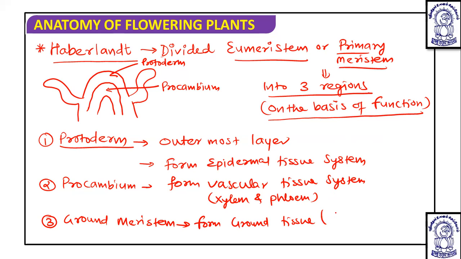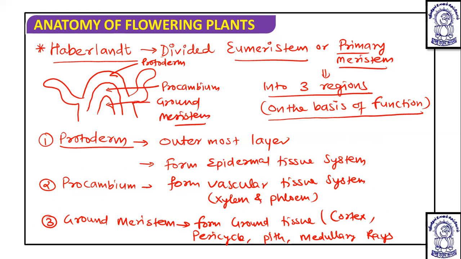Cortex, pericycle, pith, medullary rays, all these things are produced by this ground meristem. So this way, these three regions are located which are going to form these particular tissues, as Haberland divided these three regions based on function. Okay.